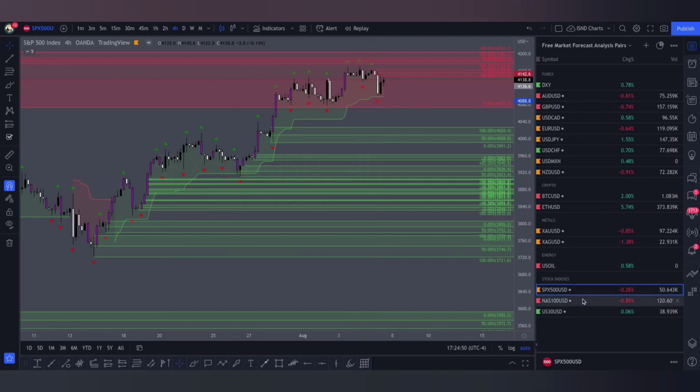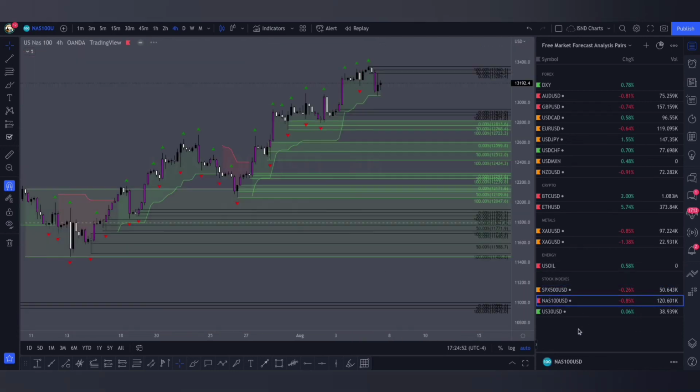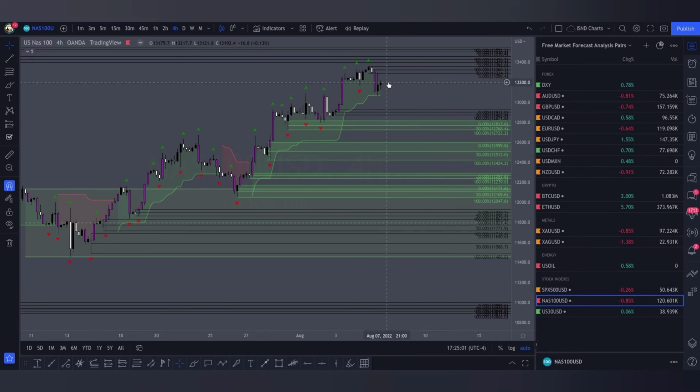All right, now the NAS 100 USD short-term currency bias is short for this pair. All right, supply is in control. It looks like we've already got this pair to tap into what was an unmitigated 4-hour supply.